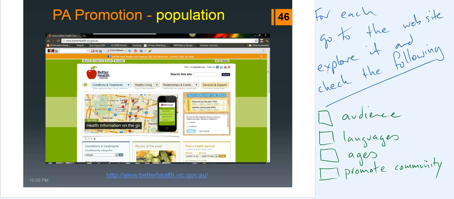Does it promote physical activity within the community? So giving examples of groups that you could join. And also, does it provide information on the benefits and physical activity and consequences of physical inactivity?